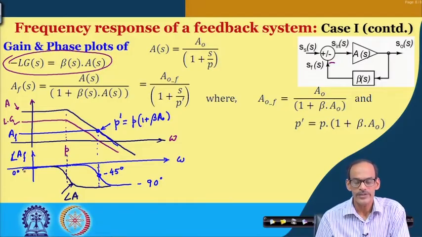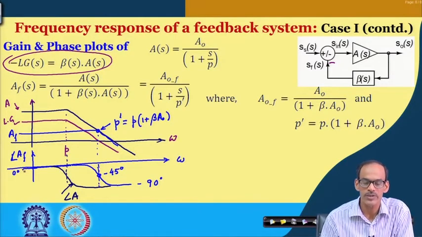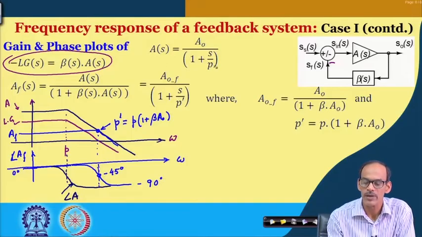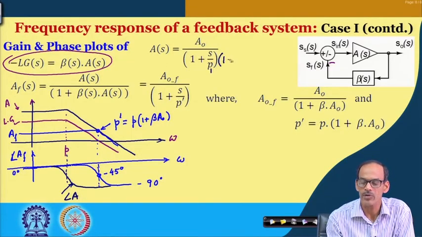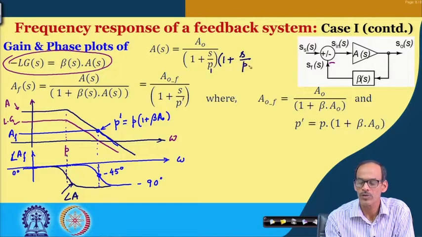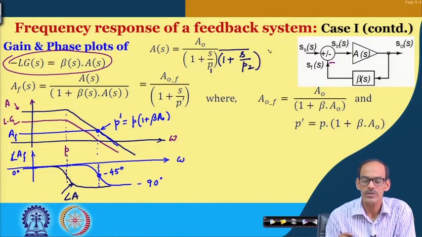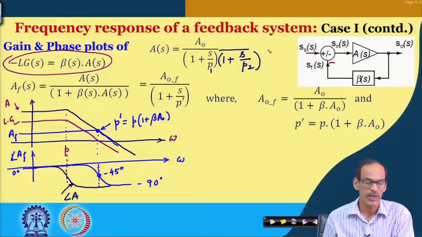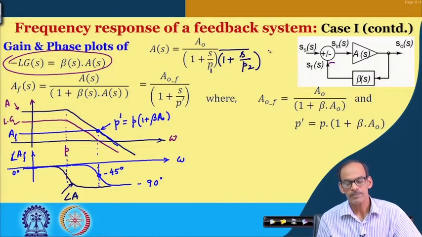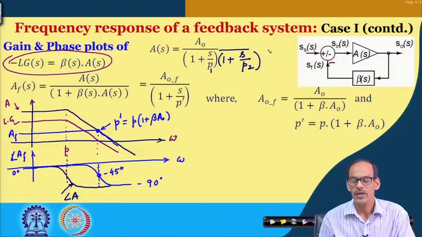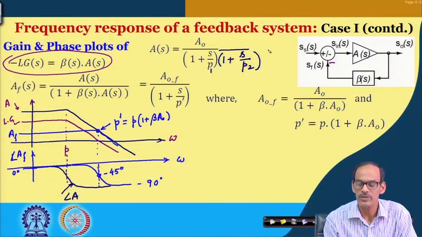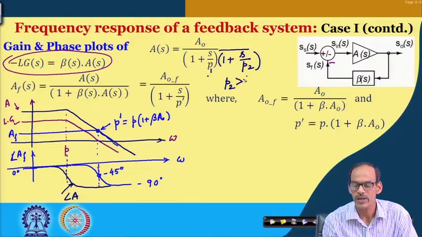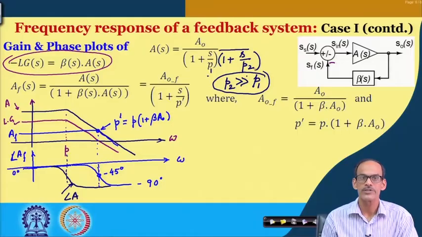Now, let us consider a situation where A has two poles, namely P 1 and maybe one more pole P 2, and then we can try to see what may be the situation. That we call case 2, and to get a better picture, let me start with a situation where P 1 and P 2 are really wide apart, and P 2 is much higher than P 1, then we can get a clear picture of how the poles are getting shifted.